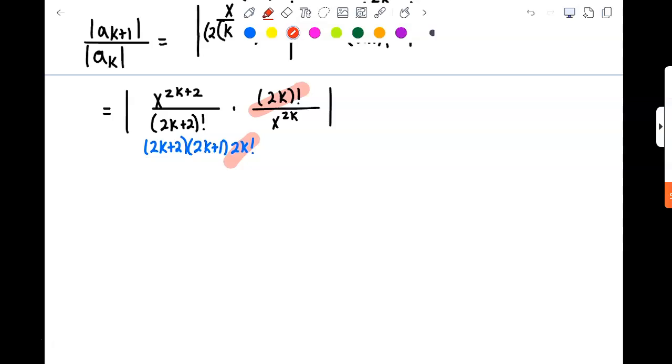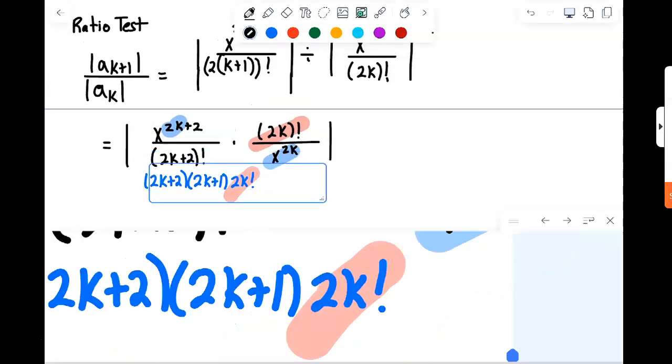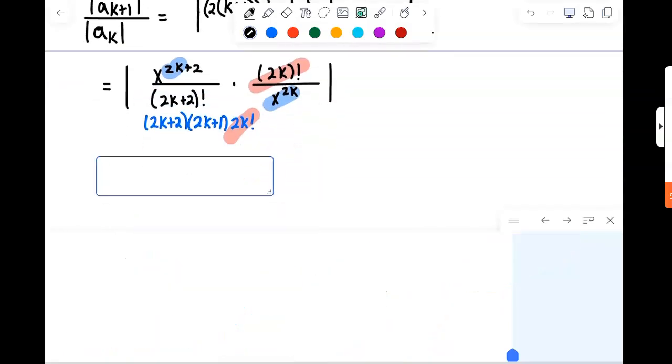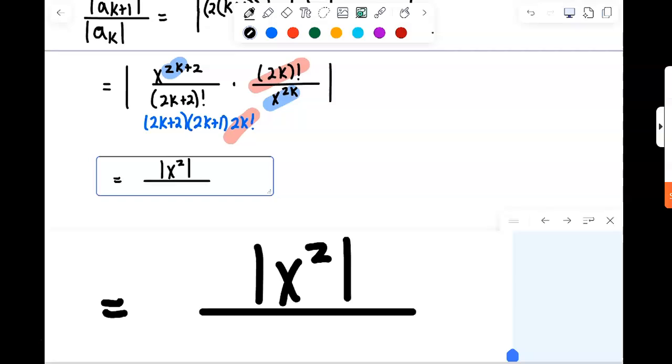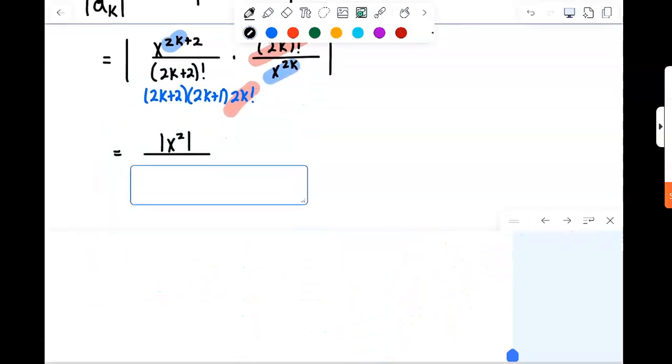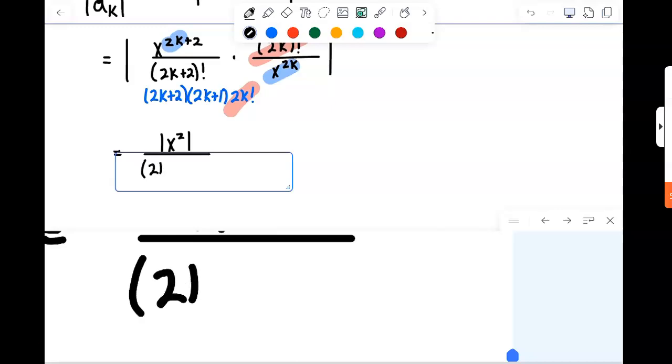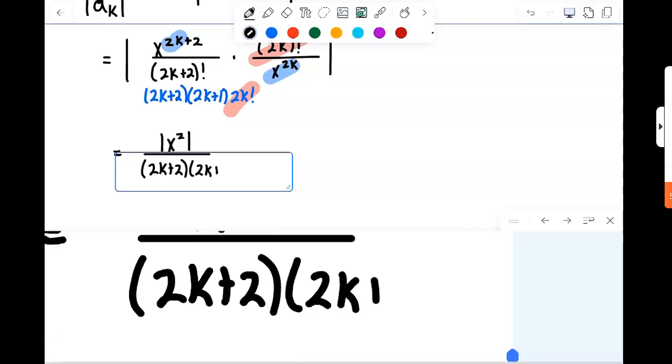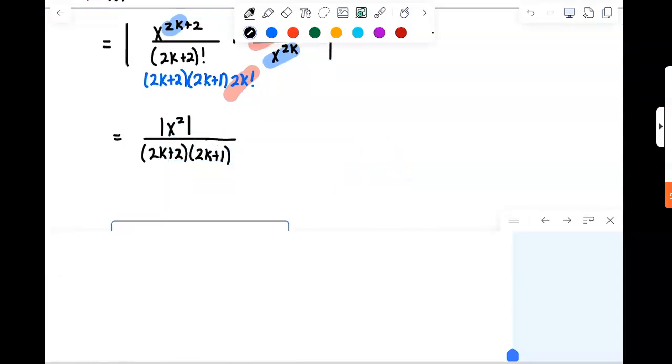We also have x to the 2k, which will cancel out with the x to the 2k on top, so that in the end, we have the following expression. We have just an x squared left on top, inside absolute value. Over that will just be 2k plus 2, 2k plus 1. All right, and then we take the limit of this thing as k goes to infinity.